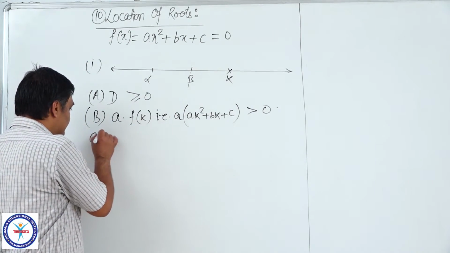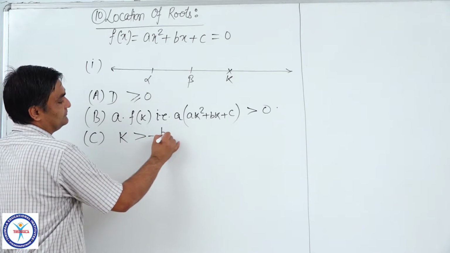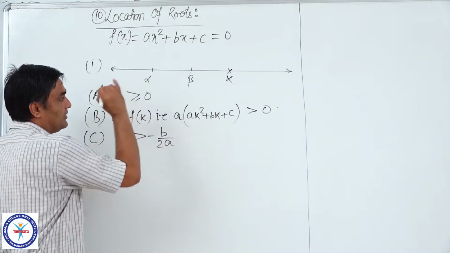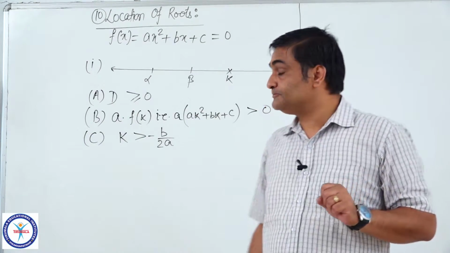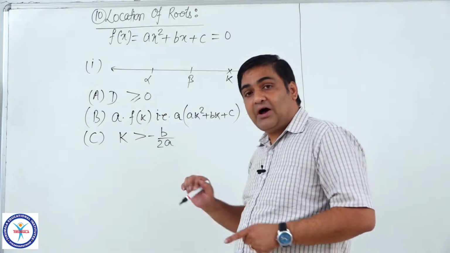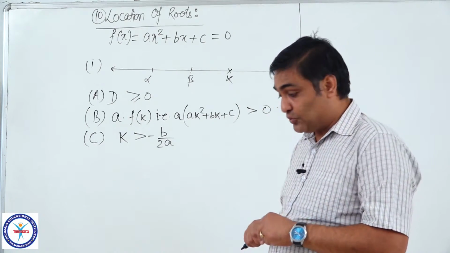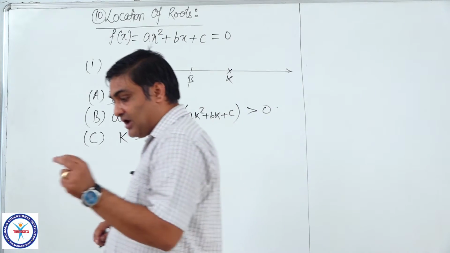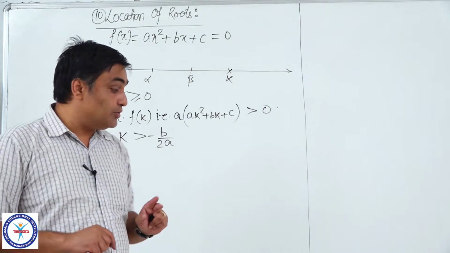The third condition is k greater than minus b by 2a. What is alpha plus beta? Minus b by a. So what is alpha plus beta by 2? Minus b by 2a.